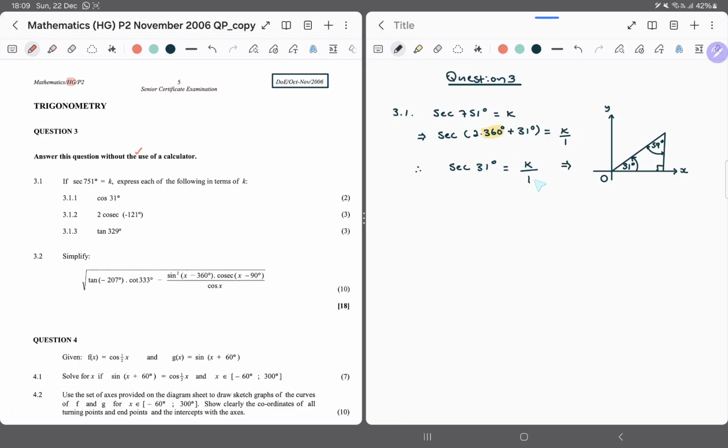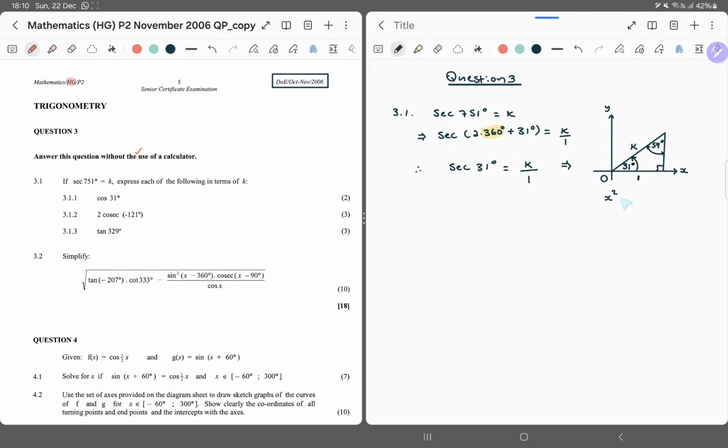And then sec is the reciprocal of cos. Okay, so we know that sec is 1 over cos. And what is cos? It is adjacent over hypotenuse. Now this one is going to be hypotenuse over adjacent. Okay, so this is what we will have. So essentially we work out things.